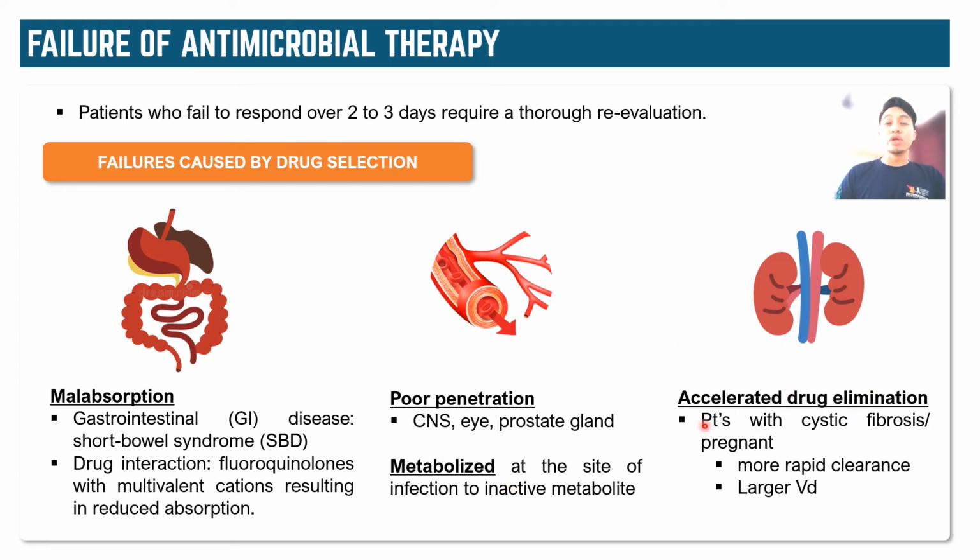Accelerated drug elimination is also a possible cause of failure of antimicrobial therapy. This can occur in patients with cystic fibrosis or during pregnancy, when more rapid clearance or larger volume of distribution can result in low serum concentration, particularly for aminoglycosides.